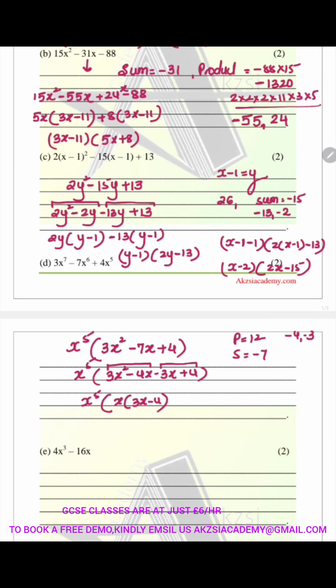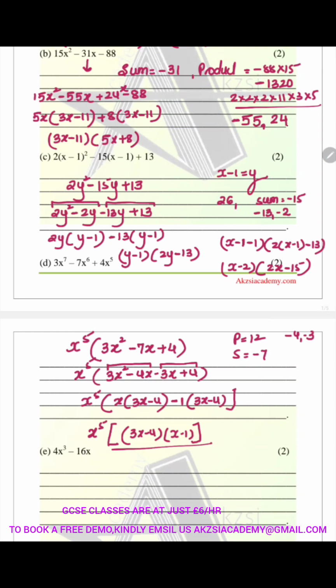And similarly, taking minus 1 as common, 3x minus 4 is the remaining one. Out of these two terms, I can take out 3x minus 4 as common. So x to the power of 5, (3x minus 4), and (x minus 1). This is your final answer.